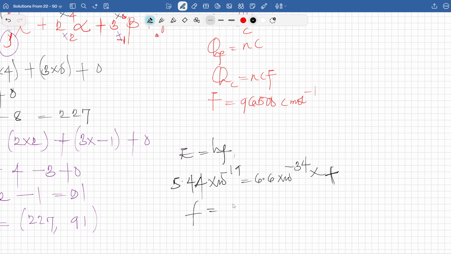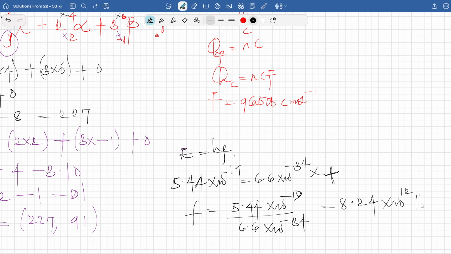So you're simply going to have that f is equal to 5.44 times 10 to the negative 19 divided by 6.6 times 10 to the negative 34. So this should give you 8.24 times 10 to the power 14 hertz.